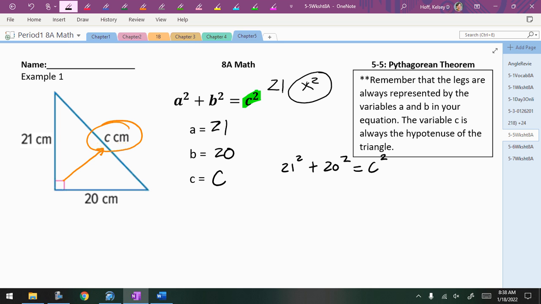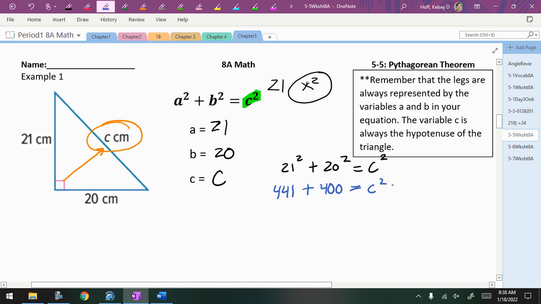Don't put plus anything. Just 21 squared. Who can tell me what 21 squared is? Very good. 441 plus, now type in 20 squared. 400. And C squared is C squared.